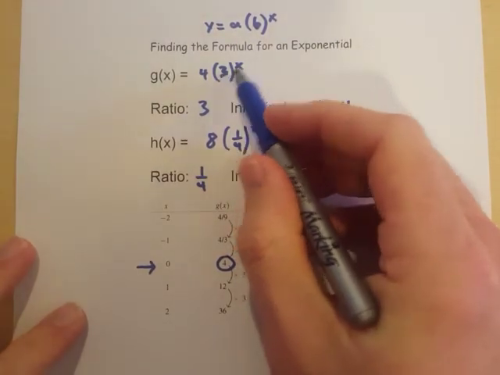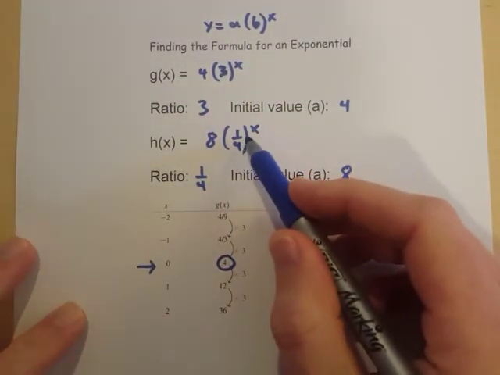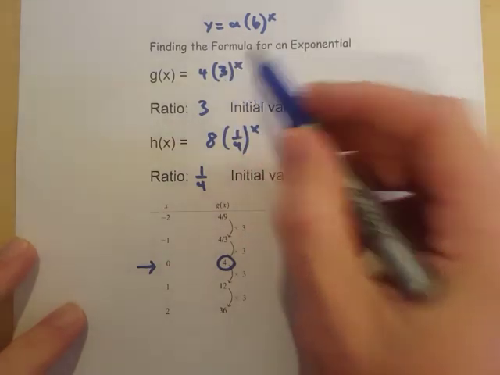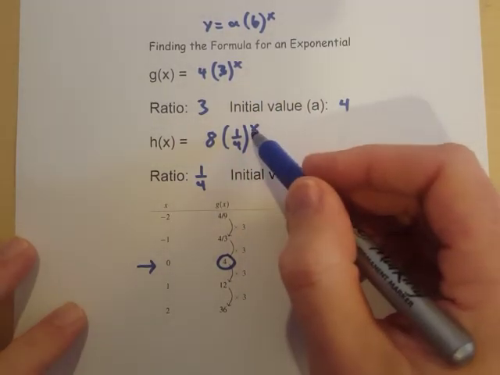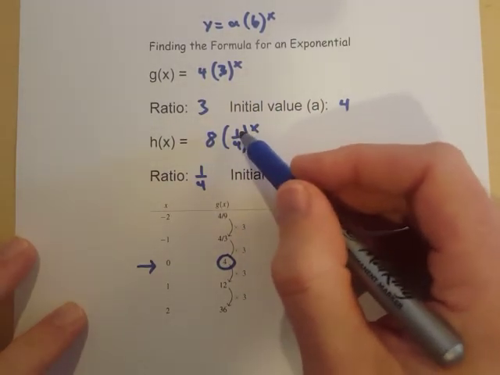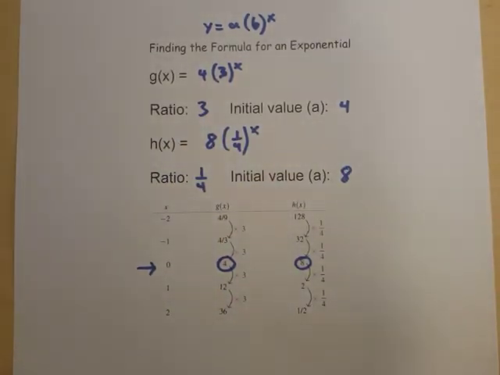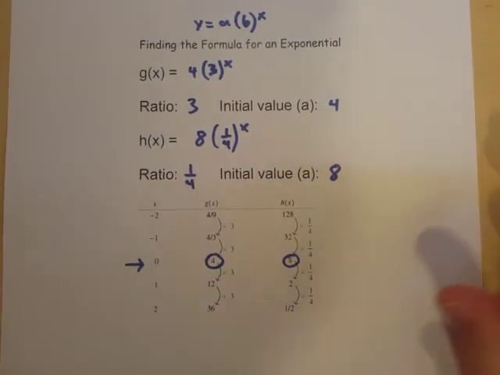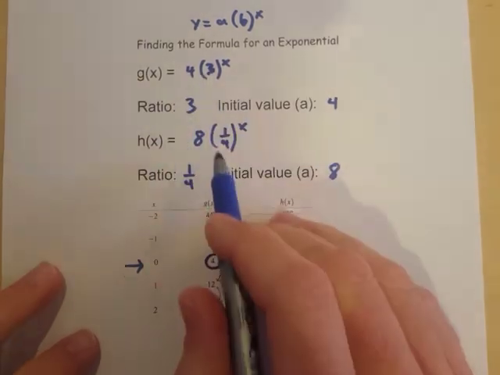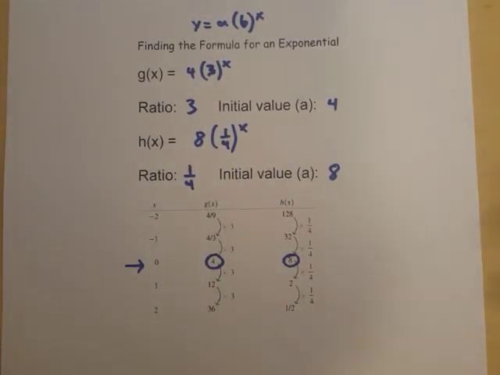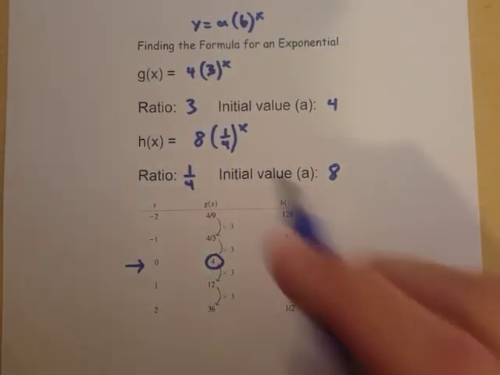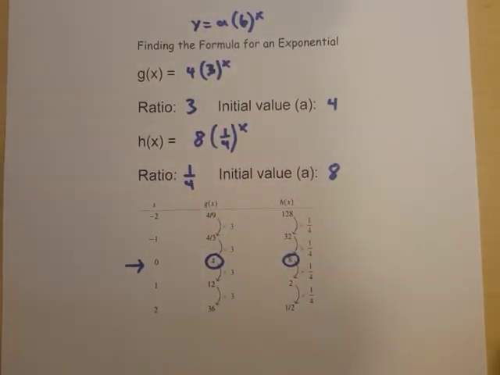So if we're taking a look at this one here, whatever that happens to be for some number to the x, we have to deal with the exponent first. Once we deal with that, then we can multiply by the initial value, but only after we deal with the exponent. So don't put them together, just leave them as they are. Even though it doesn't feel quite right, you'll benefit in the long run if you do that.